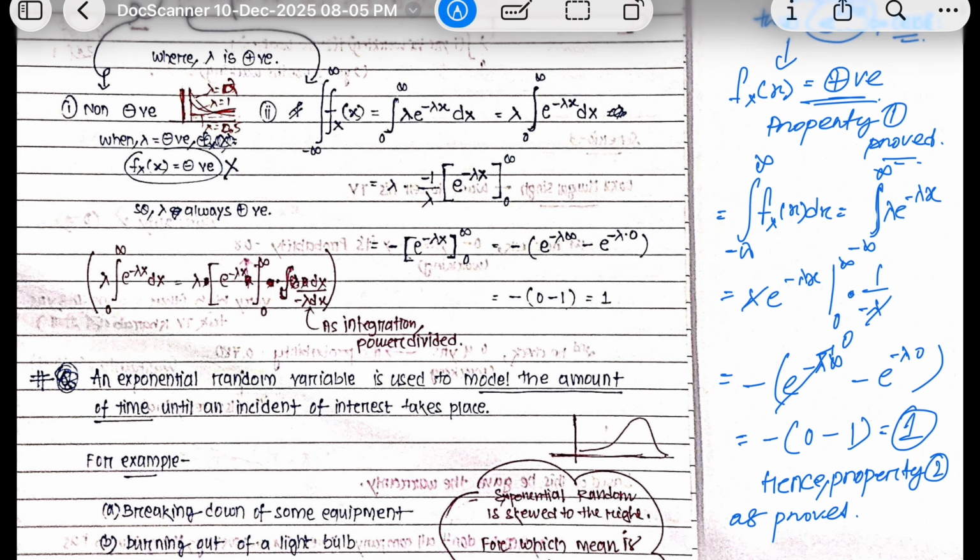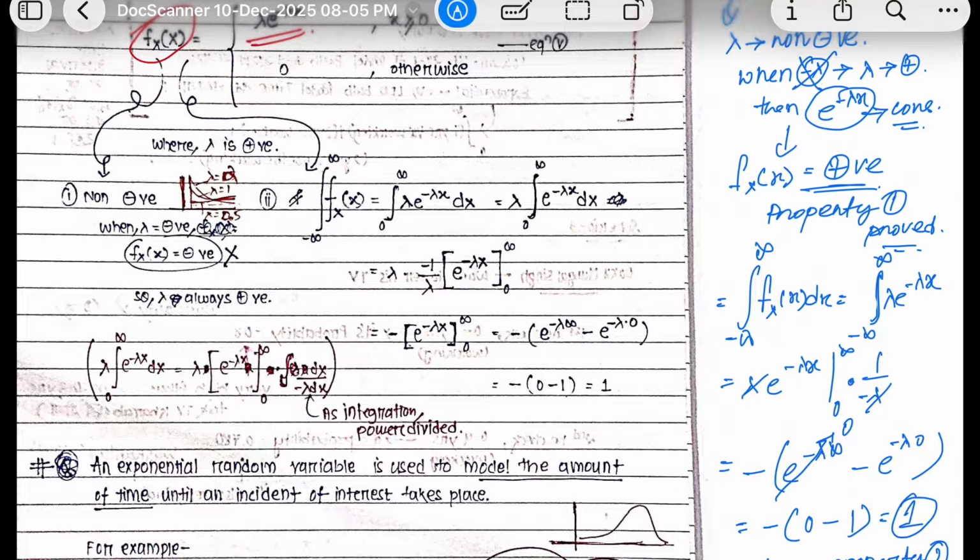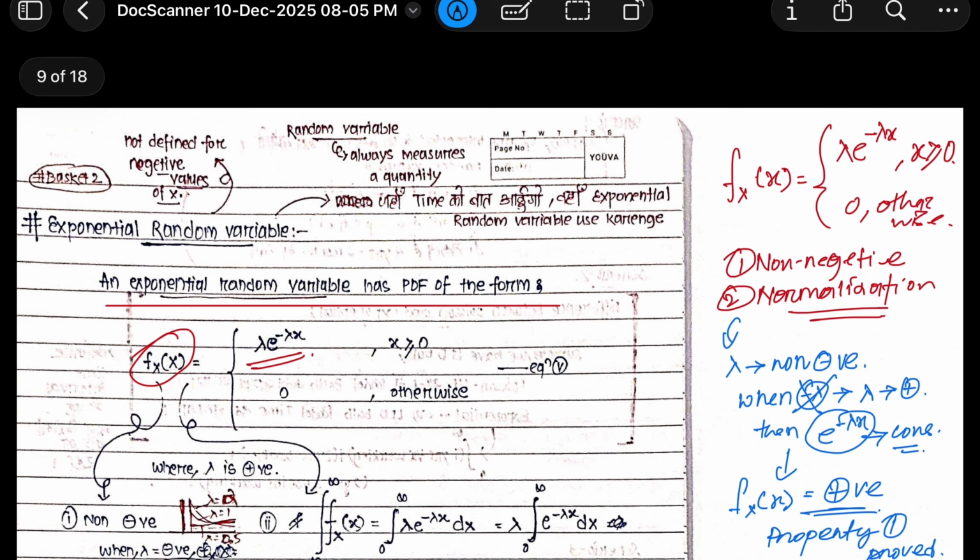This gives the value of 5, so lambda must be 5, since visitors cannot be less than 0. So here the lambda value cannot be negative. This is our second aspect.